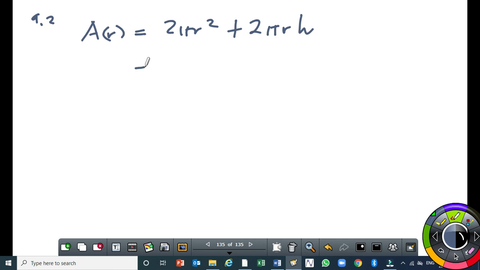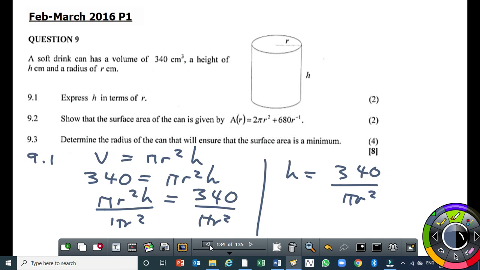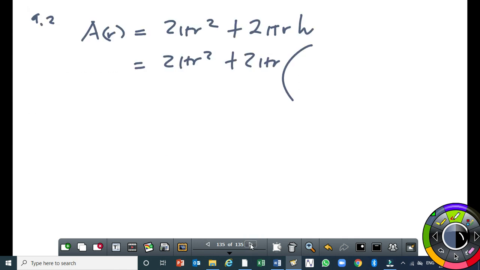So, all I have to do is replace this h here by this formula here. So it will be 340 over pi r squared. So that will be 340 over pi r squared.